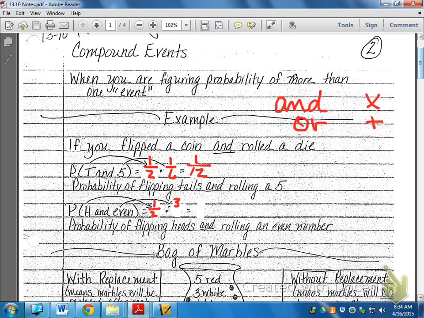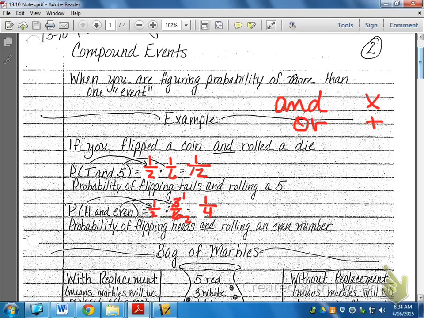And how many sides are there altogether? 6. I'm going to go ahead and reduce 3/6. What should it be really? 1/2. And now when I multiply straight across, 1 times 1 is 1 over 2 times 2 is 4. So the probability of flipping heads and rolling an even is 1/4.